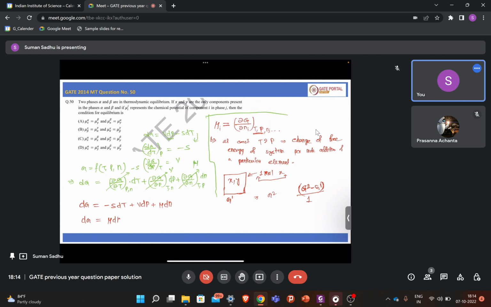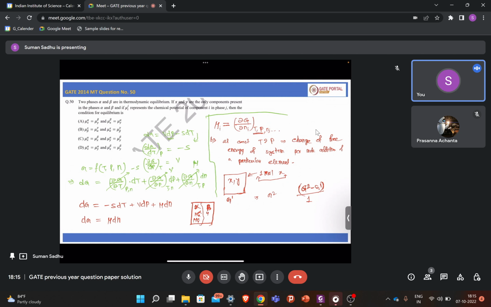Right. Now let's say this is our system. So two phases are present. Let's say this is one phase, phase 1, and phase 2. In this, let's say phase 1 is alpha and this is beta. So mu x alpha means chemical potential of x in alpha, and mu y alpha means chemical potential of y in alpha.